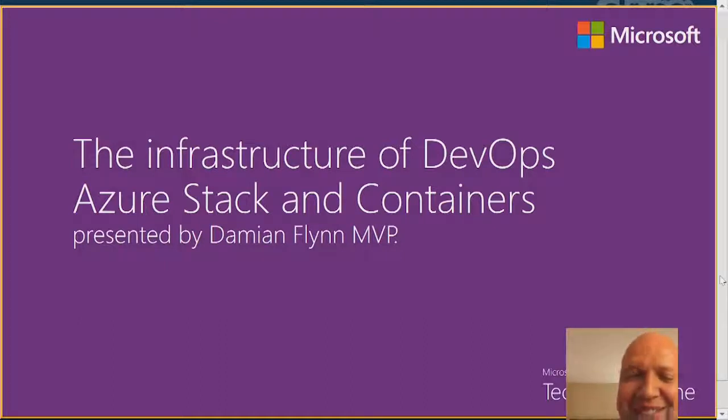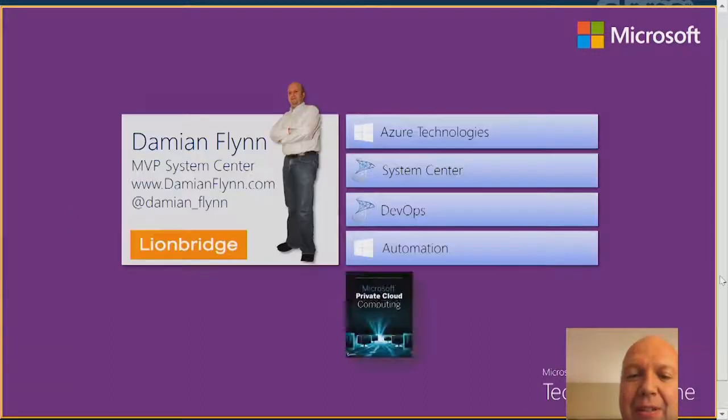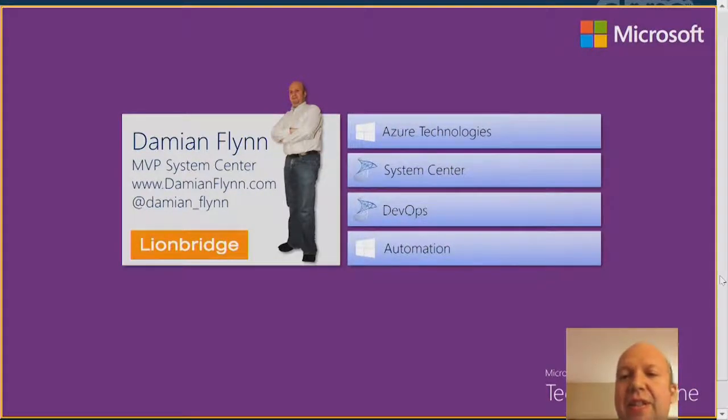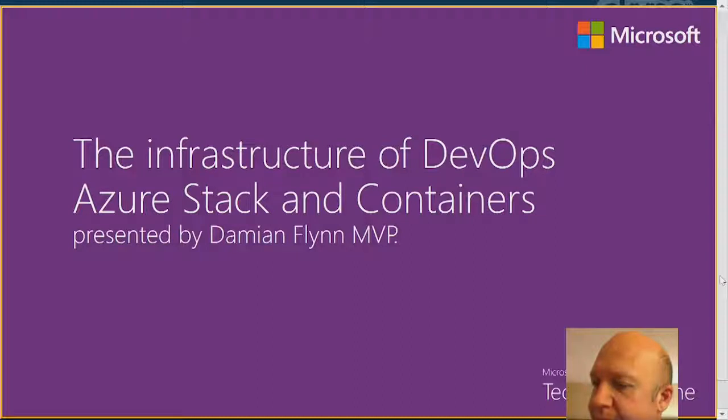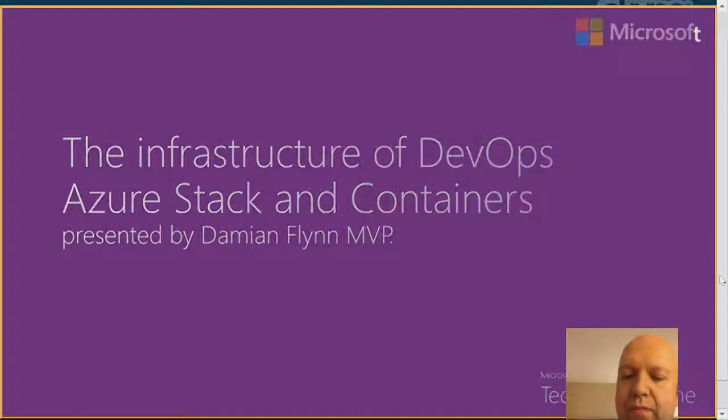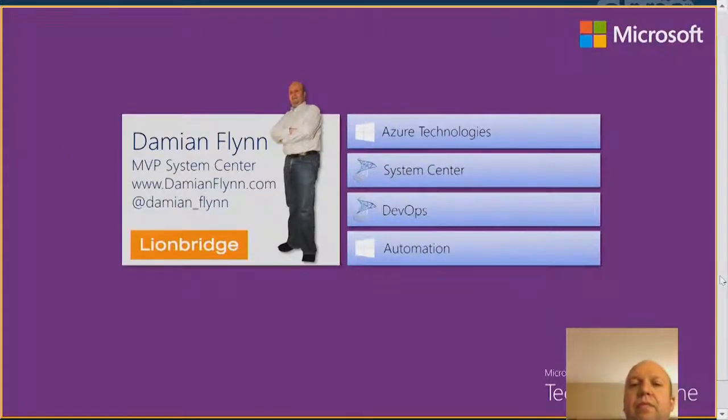Just to set the scene a little bit, I was talking a few moments ago, Damien, about the culture and the concepts of DevOps. I was talking about how things like infrastructure as code are key for declaring our environments and being able to push those out consistently between development, test, and production.